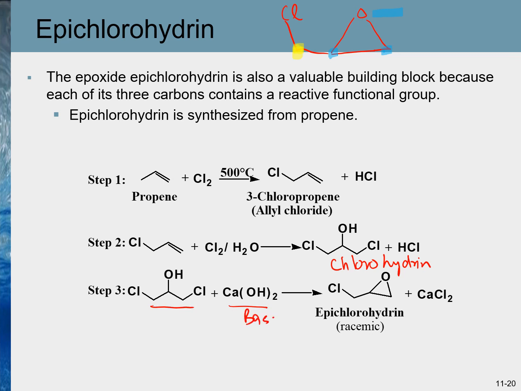This base removes the proton, and then the resulting oxygen anion attacks the carbon atom, and the chloro group acts as a leaving group, and this results in formation of epichlorohydrin.